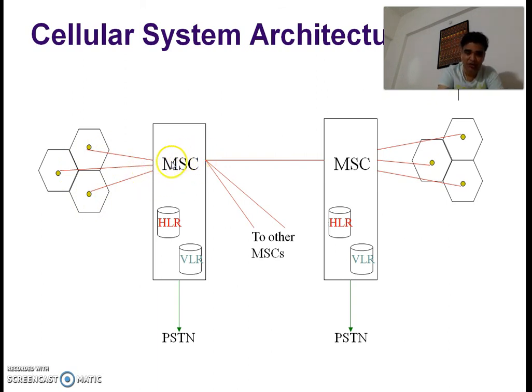The mobile switching center is always equipped with the HLR, home location register, and the VLR, visitor location register. It is connected directly to the PSTN, the public switched telephone network. The MSC is connected to other MSCs to provide services to users of other service providers in any other region over the country or over the world.